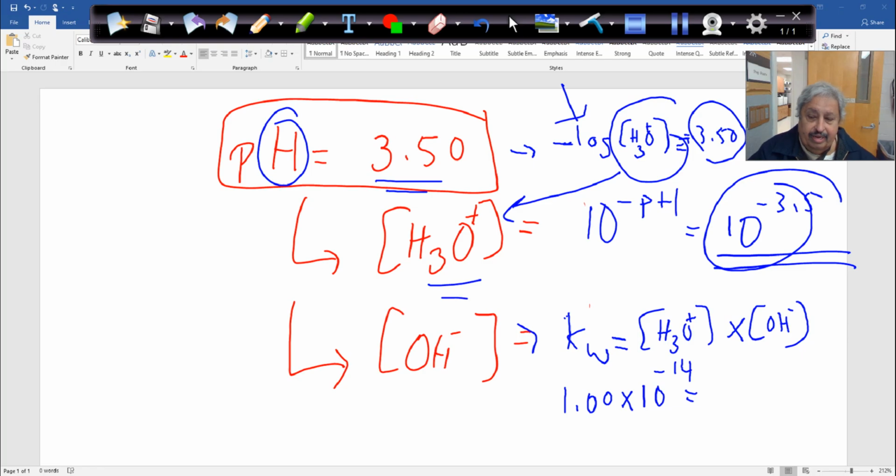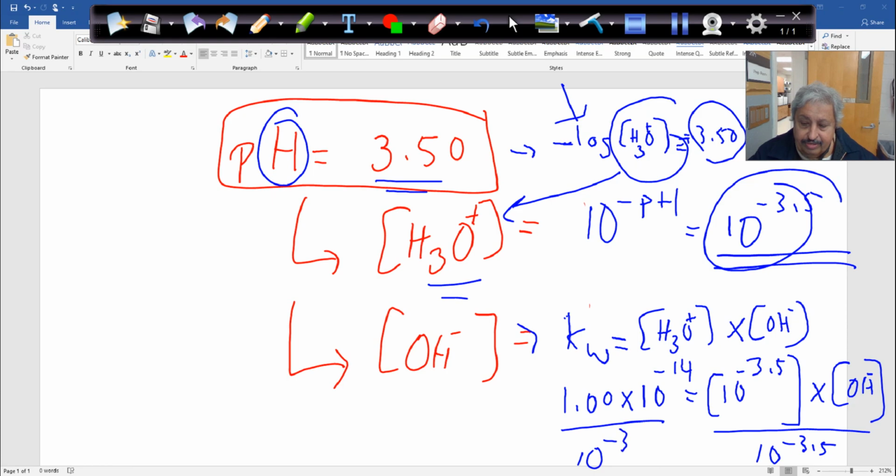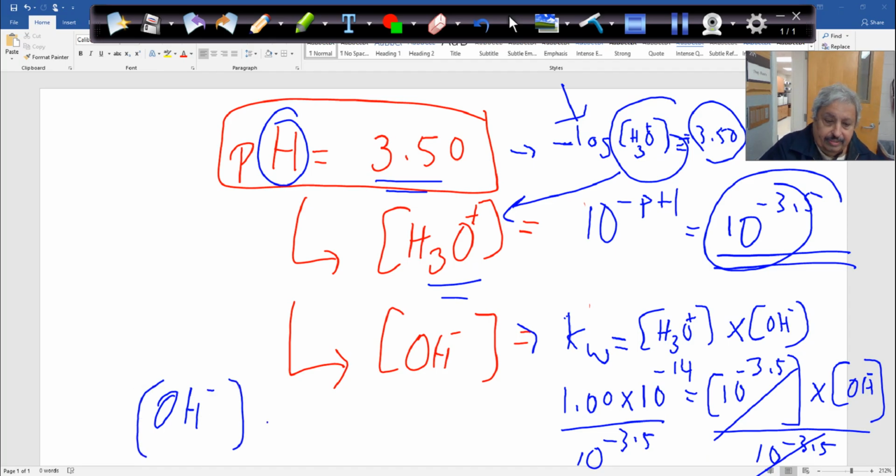This is 10 minus 3.5, multiplied by the OH minus. So, divide both sides by 10 minus 3.5. This cancels out. The OH minus is 1.00 times 10 minus 14 divided by 10 minus 3.5.